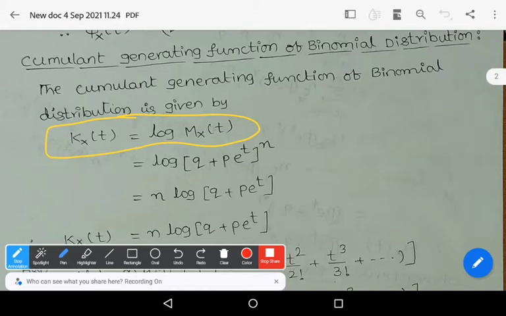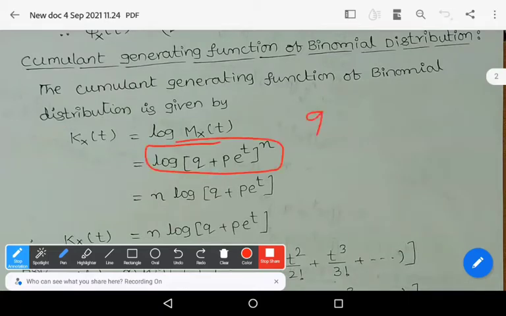The cumulant generating function is nothing but the logarithm of the moment generating function. So K_X(t) = log M_X(t). What is M_X(t)? M_X(t) is given by (q + p e^t)^n.